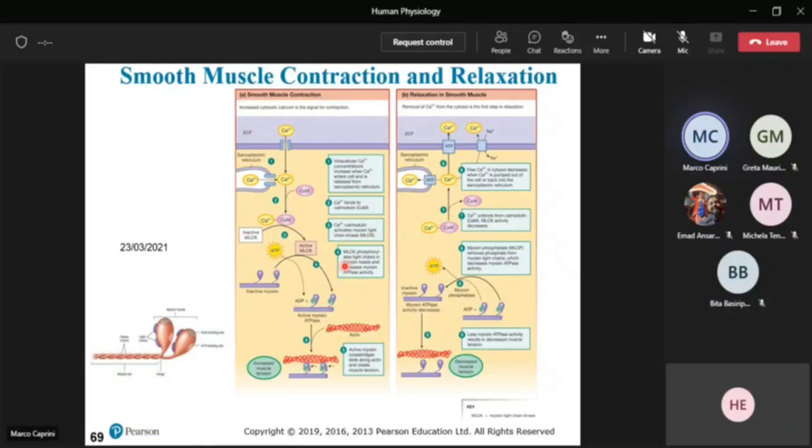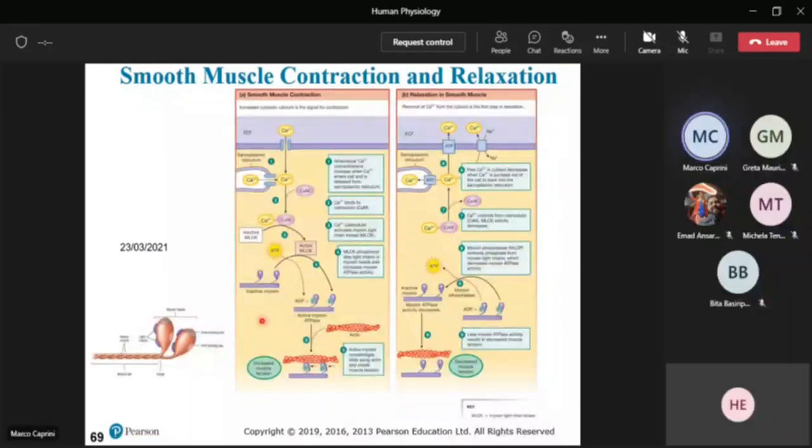And the phosphorylation happens here. The phosphorylation increases the myosin ATPase, the phosphorylation coming from myosin light chain kinase. So at the end, the contraction can take place, okay?